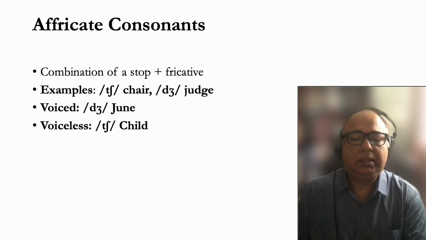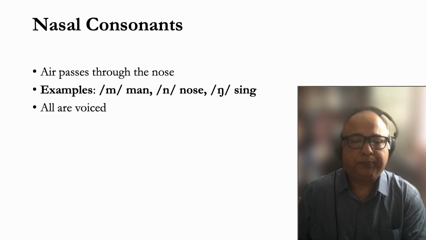So j, and then you let go. Remove your tongue, right? Judge. Voiced affricate consonant is j, as you just learned, and the voiceless consonant, there's just one of them, is ch, as in child.